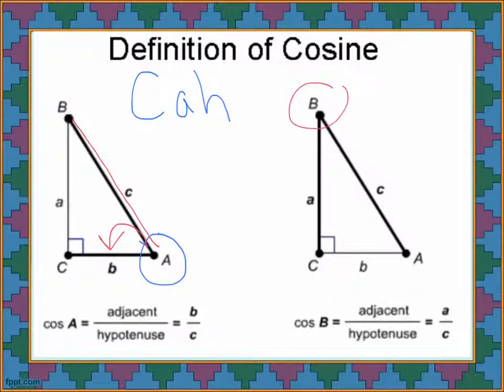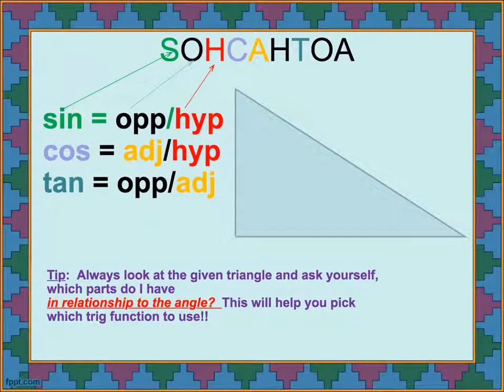If I'm looking from angle B in my second example, my adjacent side would be A, and my hypotenuse would still be C. So we can always easily pick out the hypotenuse because it's always going to be our longest side. When we first learned about these trig ratios, probably back in Algebra 2, a little bit in geometry, we learned this word called SOHCAHTOA that helps us remember our trig ratios.